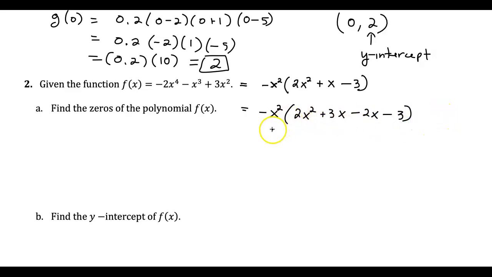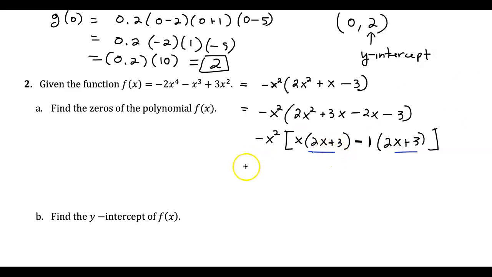And you can see now you can regroup this a little bit. I'll say this is really x times 2x plus 3, minus a 1 times 2x plus 3. And you'll notice the same binomial factor was revealed here. So when we factor this completely, it looks like this: negative x squared times x minus 1 times 2x plus 3, right?